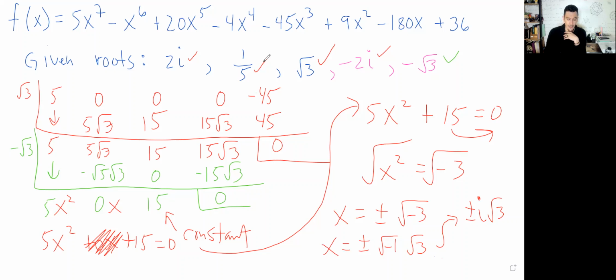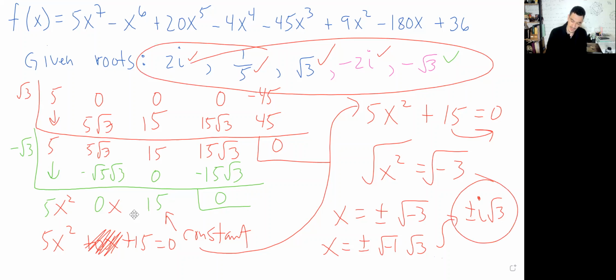They gave us 3 roots, but really they gave us 5 because of the conjugates, how you always include conjugates of non-real or irrational roots. That was 5. And then we just found the 2 missing roots, positive i square root 3 and negative i square root 3. So of course you want to make a nice answer key that has all 7 roots together, which would include all of these here, along with these ones there.